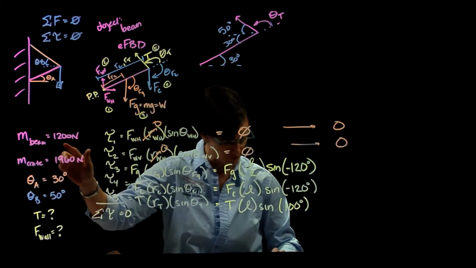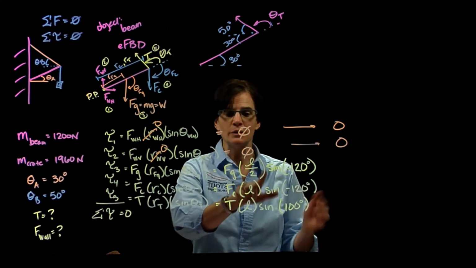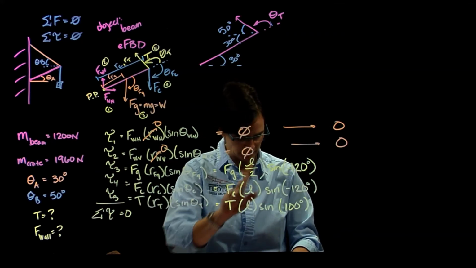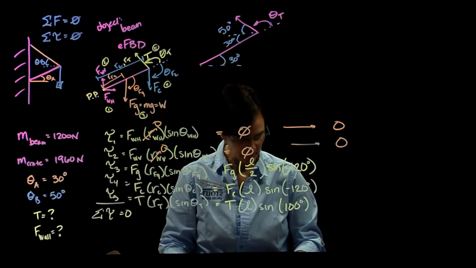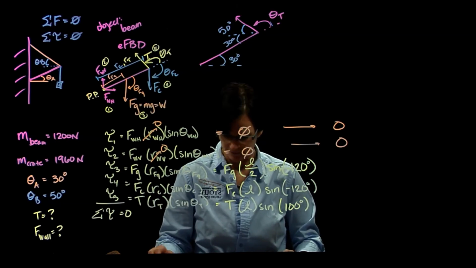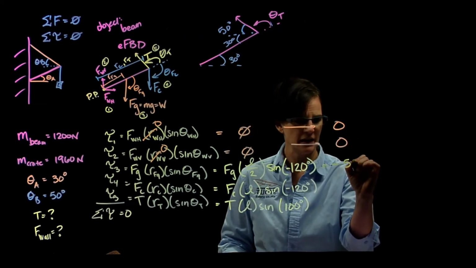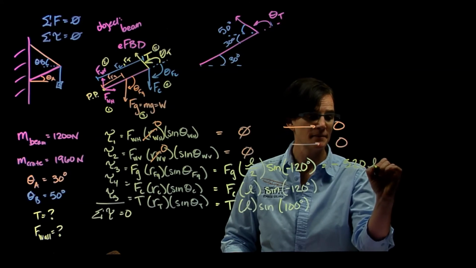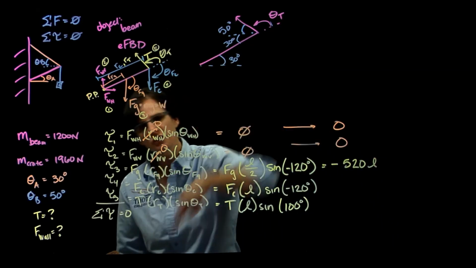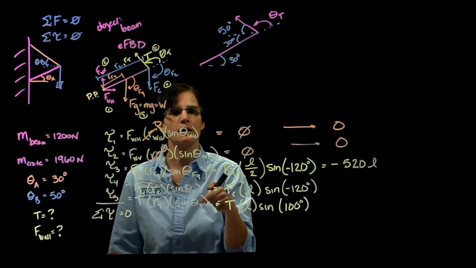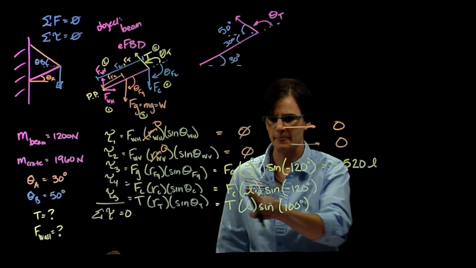So 1,200 times my length, which I don't know, divided by 2, times the sine of negative 120. And I get negative 520 times the length L. Should it be negative? Well, the force of gravity is trying to rotate this object in the counterclockwise direction, or excuse me, the clockwise direction, so we expect it to be negative.